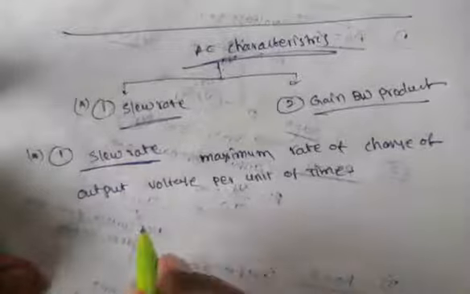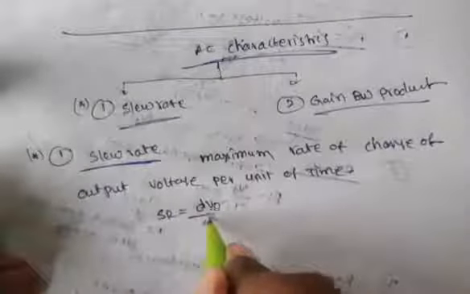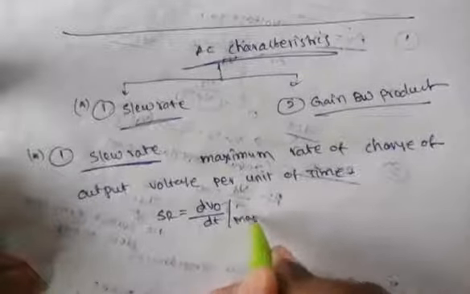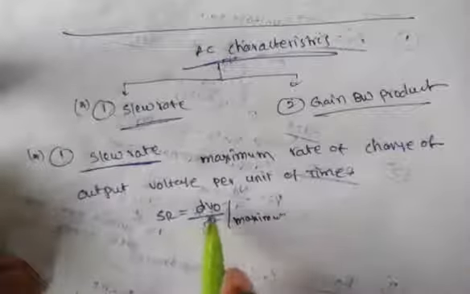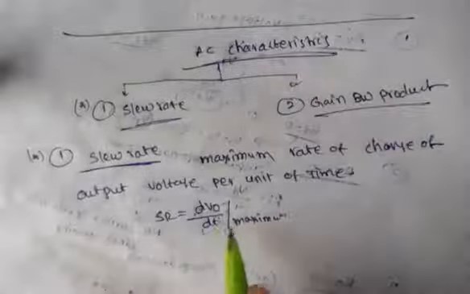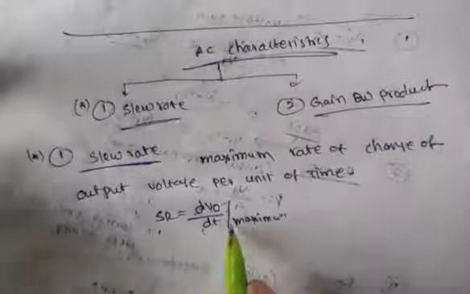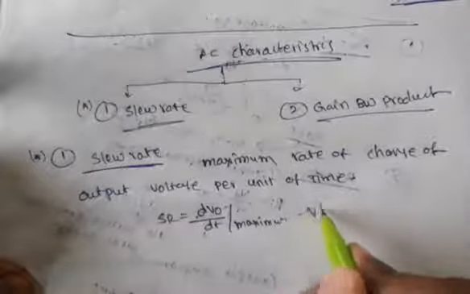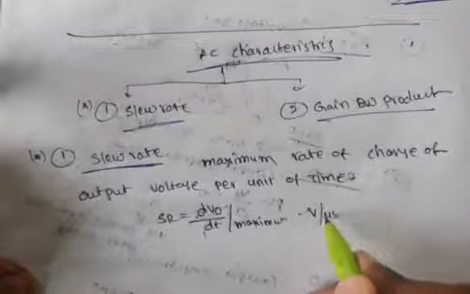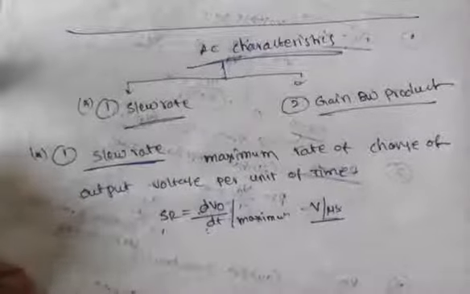That is, slew rate is dV0 by dt at the maximum point. The rate of change of output voltage at the maximum condition is called slew rate. It is expressed in volts per microsecond.